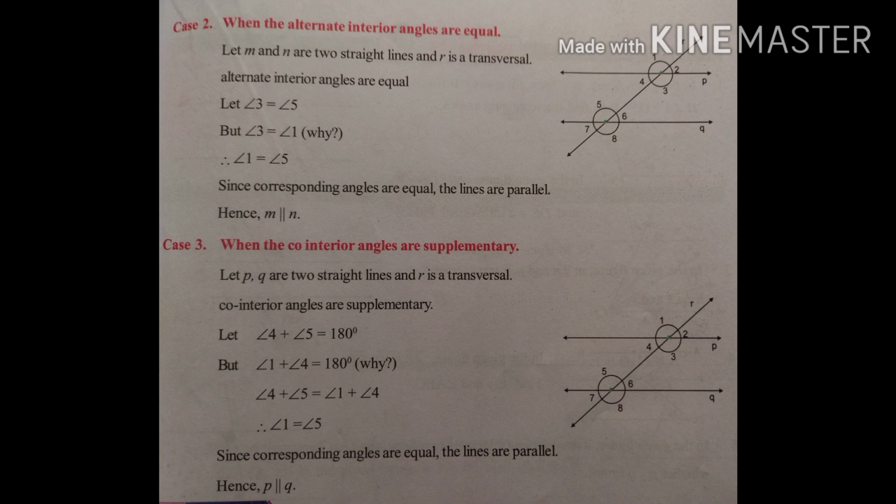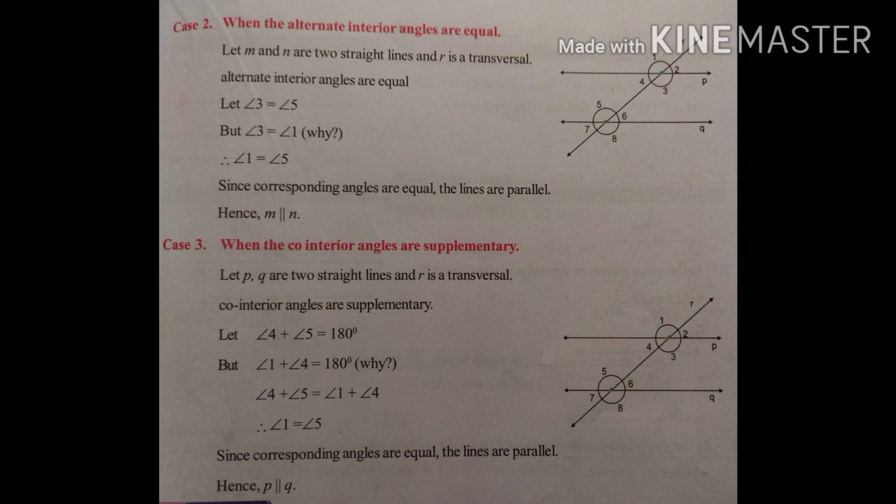When the co-interior angles are supplementary. Let P and Q be two straight lines and R a transversal. Co-interior angles, which means the interior angles on the same side of the transversal, are supplementary. Angle 4 plus angle 5 is equal to 180 degrees. Why? Because they are interior angles on the same side of the transversal. Angle 1 plus angle 4 is equal to 180 degrees. Why?